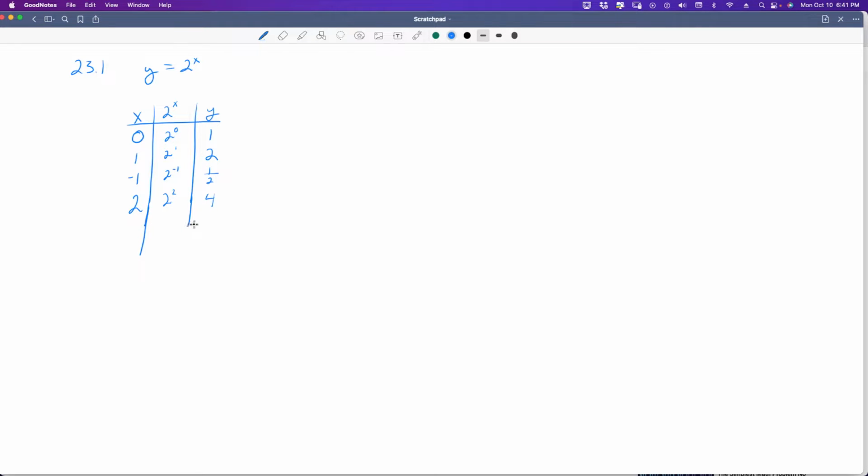And then we could do the same thing to get -2, and 2 to the -2 would just be 1/4, the reciprocal of that. So these are some pretty easy values, and that's 5 of them. That's a lot of points, so when we get ready, we can easily graph these.